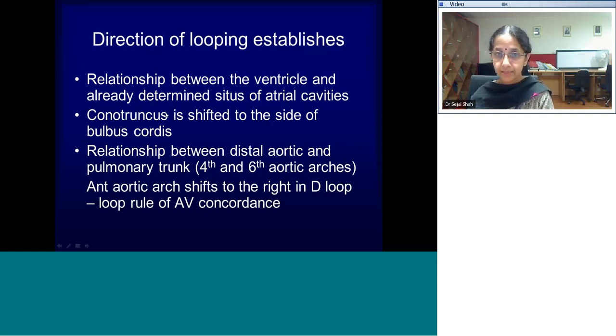That means that if it is D-looped ventricles, the anterior arch is going to be on the right side, which normally happens. The aorta is on the right of the PA. So in short, once the looping happens, you have an atrioventricular connection established. You have a ventriculo-arterial connection also established.